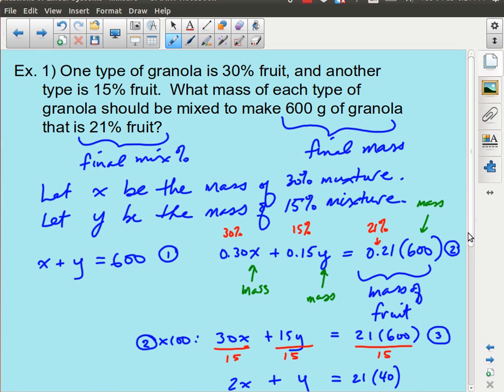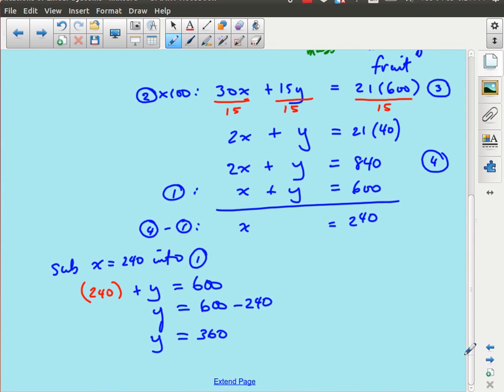X represents the 30% mixture, so X is 240 grams of the 30% mixture. I'm not going to use the word mixture.